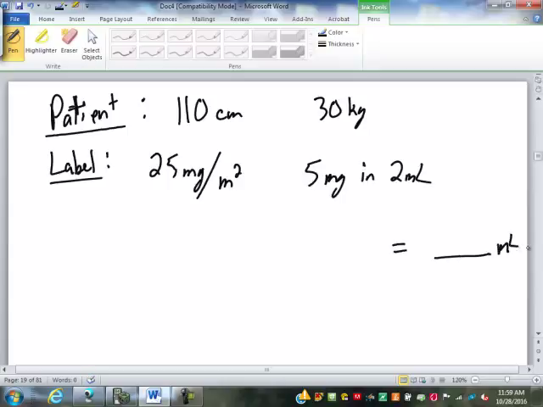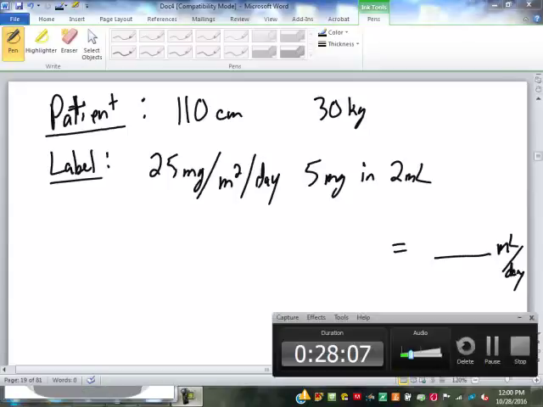How many milliliters do you put in to administer? By the way, there usually is a time associated with these as well. This is usually given either per day or per week. We're going to list this one as per day for right now. So go ahead in your notes and see if you can figure out how many milliliters to administer to this patient per day.